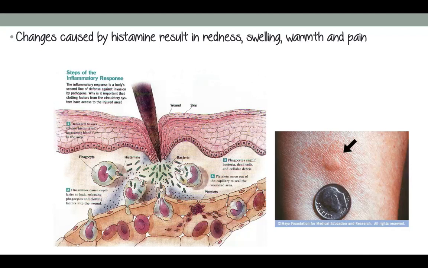So not only for the actual wound that occurs on the outside here, if there's blood vessel damage, then you'll have the platelets releasing the chemicals that will cause fibrin to build up and a blood clot to form here. And you've got the white blood cells, which can leak through the walls of the capillaries to help digest the pathogens.